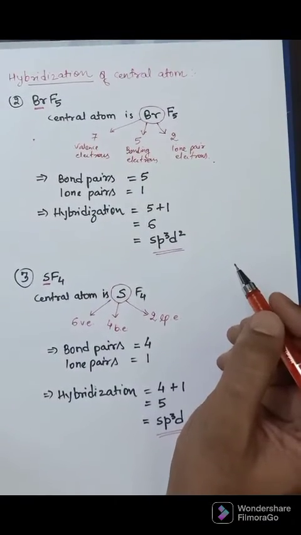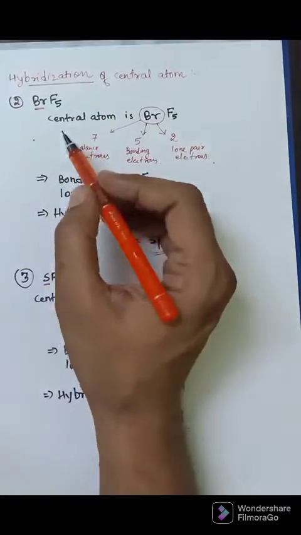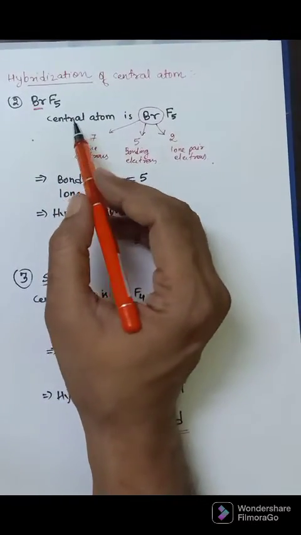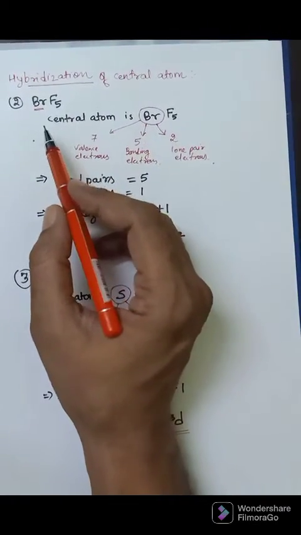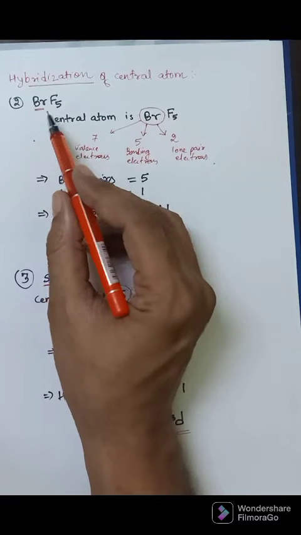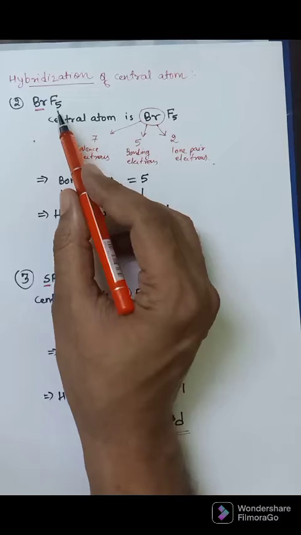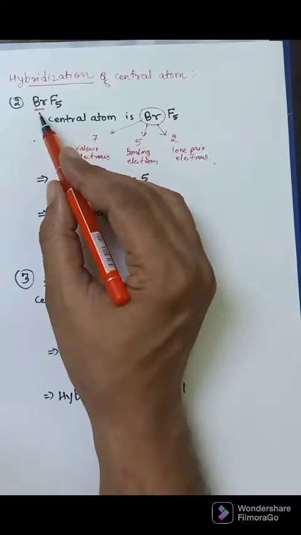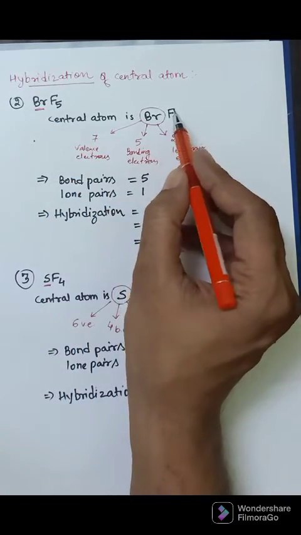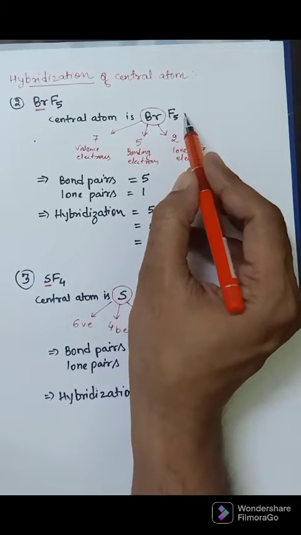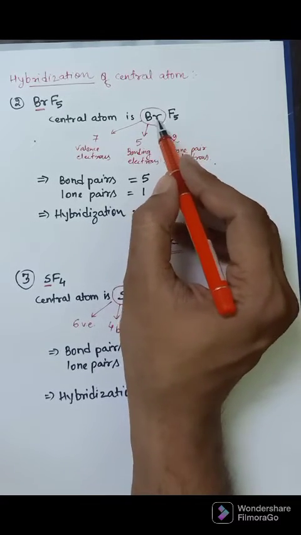I will discuss a few more examples regarding the hybridization of the central atom. I have taken BrF5, which has a bromine atom and 5 fluorine atoms. So obviously the central atom will be bromine.